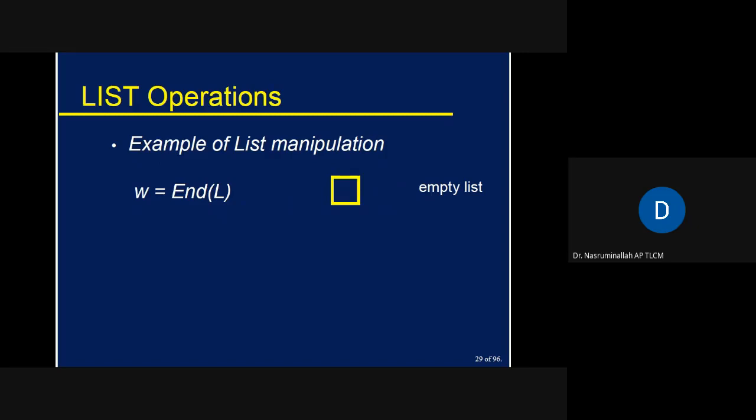So if we have defined an empty list, for a list actually there are two important factors. One is to define a list L and to have a focus on the window W of the list. So if you define a list L, we need its window location to be focused on it.